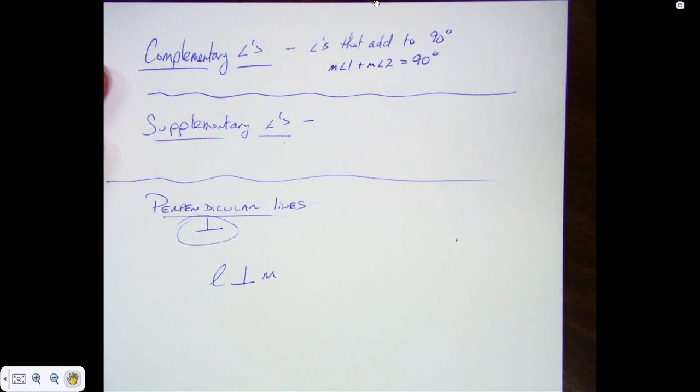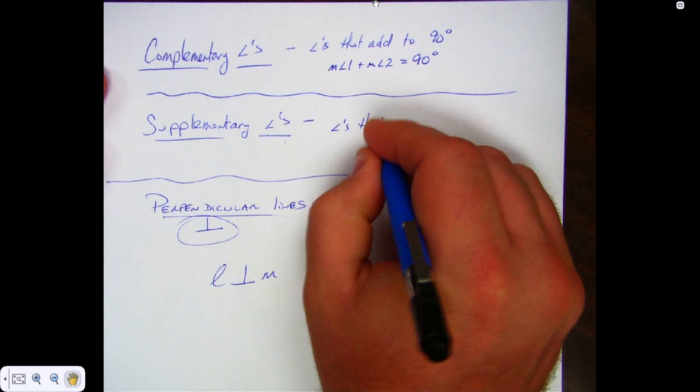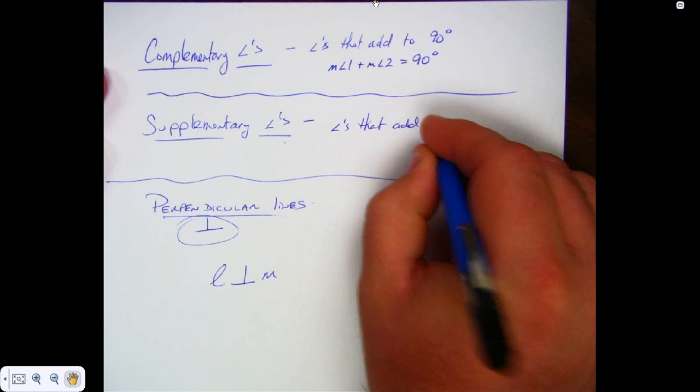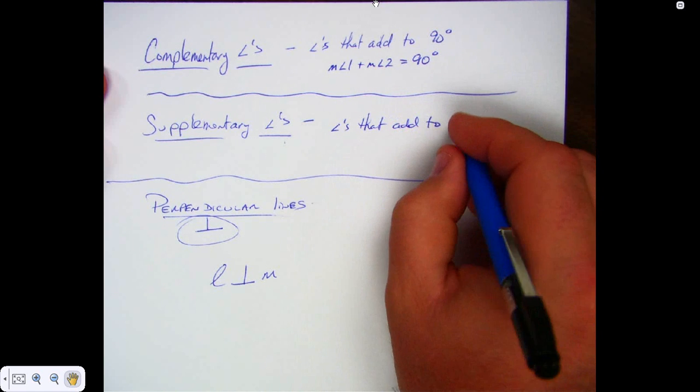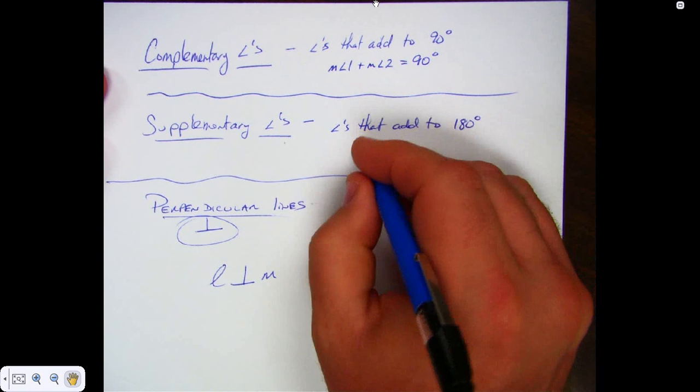Supplementary, the thing you will deal with more, and this is more of an end of instruction or ACT type definition that you just got to know. Angles that add to, you know the difference? 180 degrees.